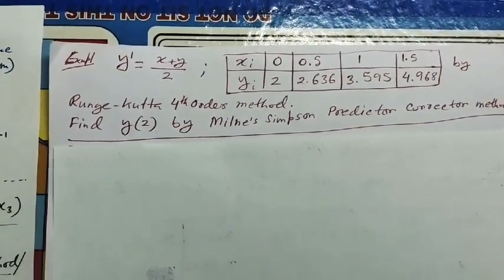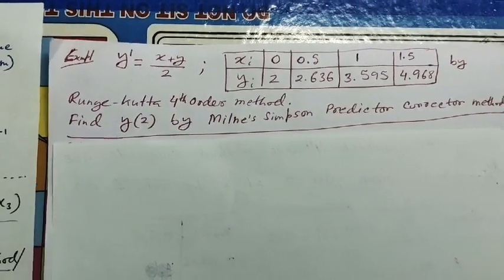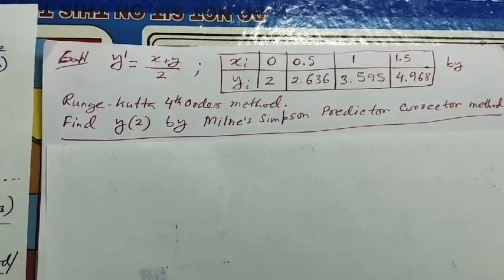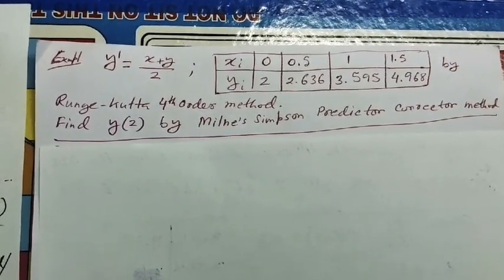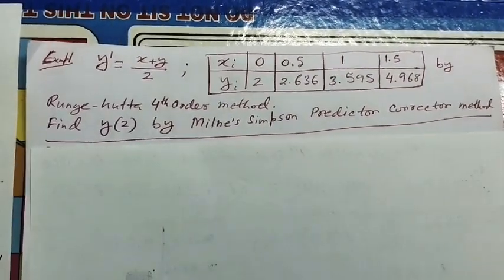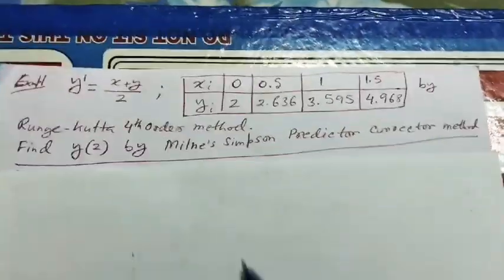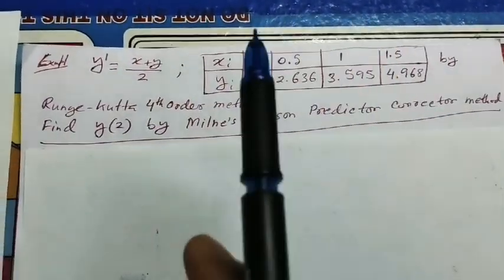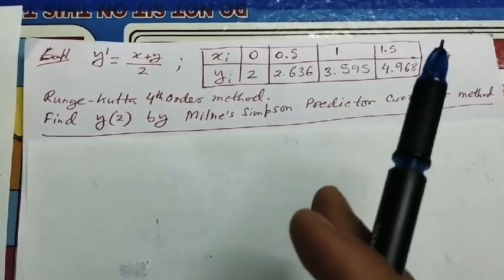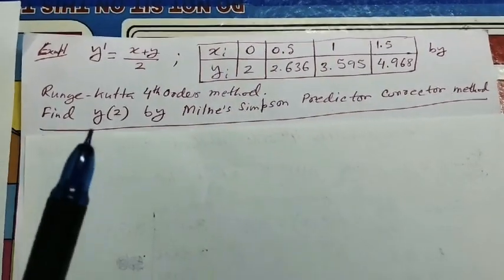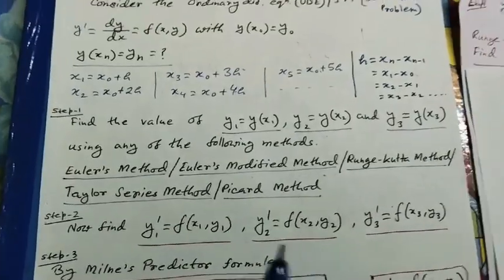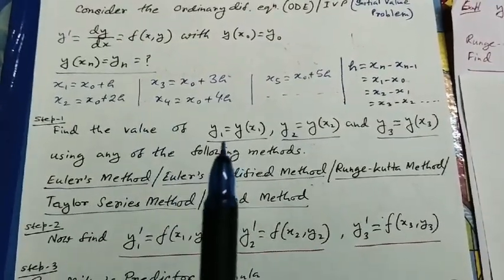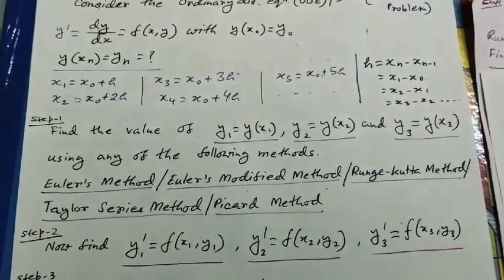Here xi is 0, 0.5, 1, 1.5, and the yi values are given, calculated using the Runge-Kutta fourth order method. So by this we don't have to find the values of y1, y2 and y3.